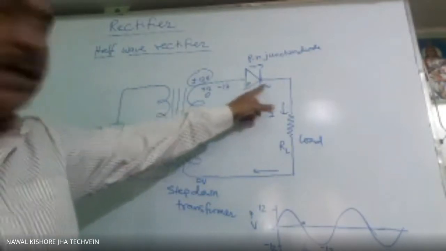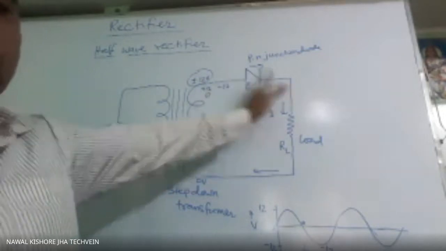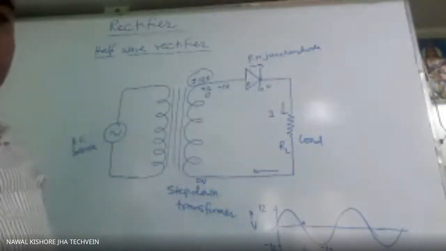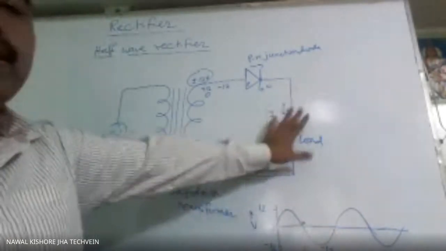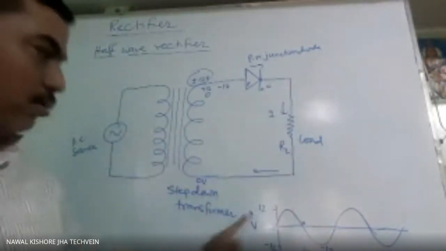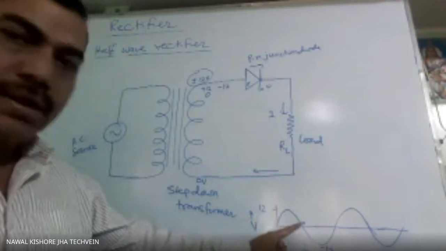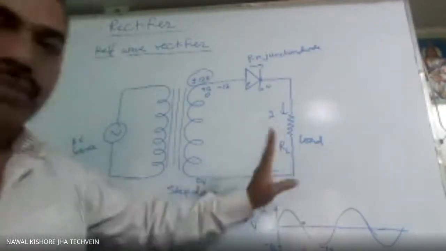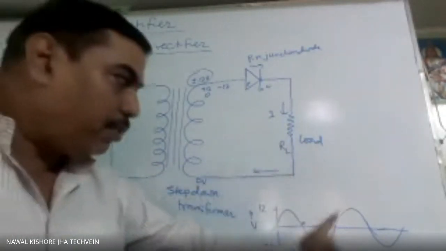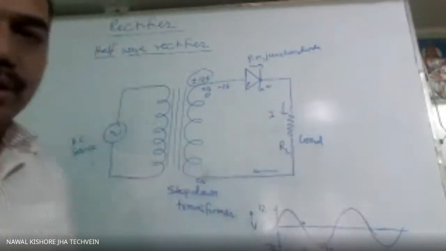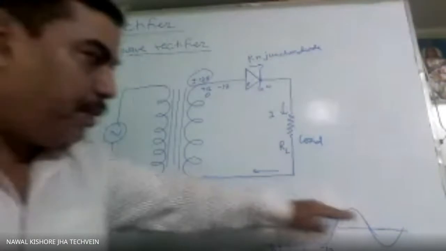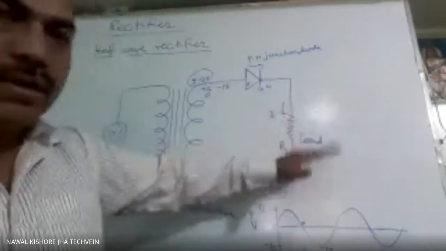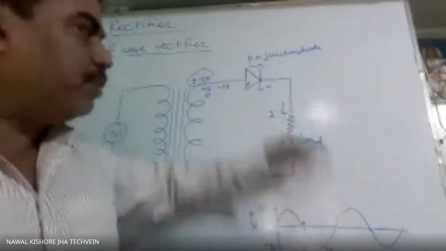So P is less than N, and it will not conduct. Means for this particular cycle, we will not get any current. We will get current for this cycle. For this, the diode will not conduct. Again, for this cycle, we will get current. So as only this half wave we are getting current here, we say only the half wave is rectified.